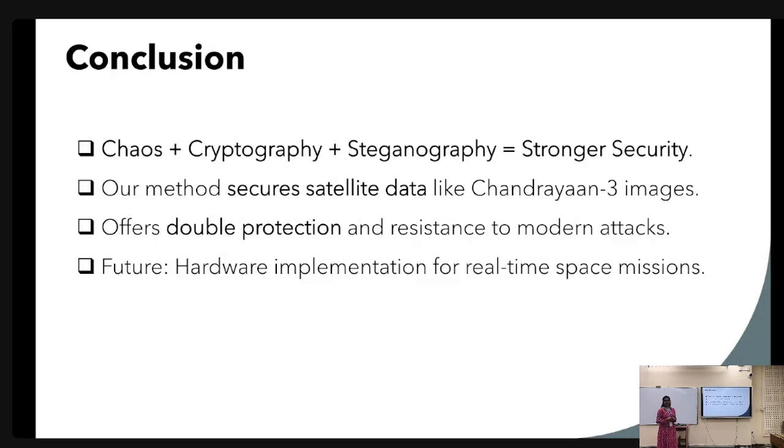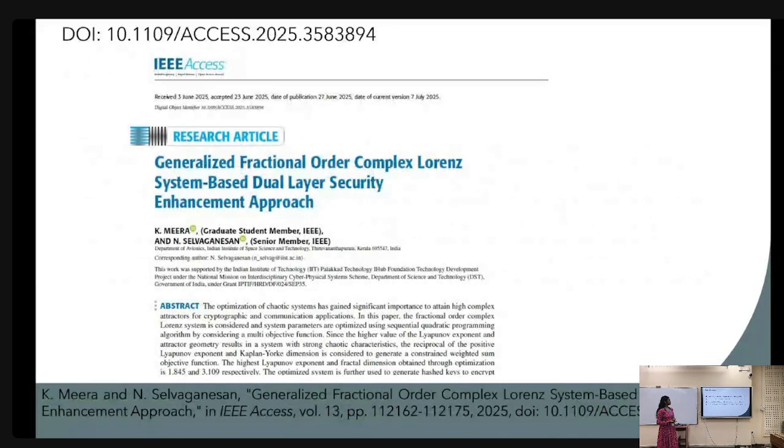It offers double protection by adding encryption and embedding, so it is resistant to modern cryptography and steganography attacks. In future, this will be implemented on hardware for real-time space missions. So once again, this is my paper.